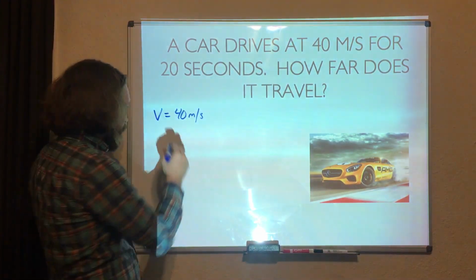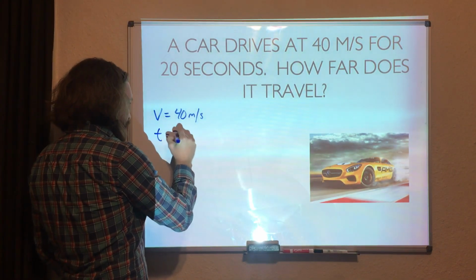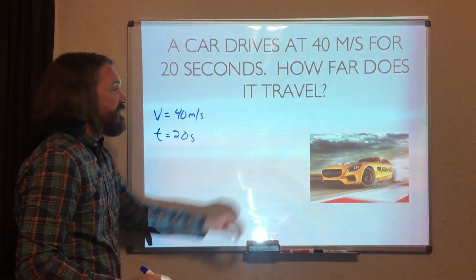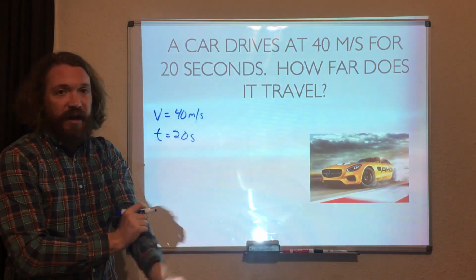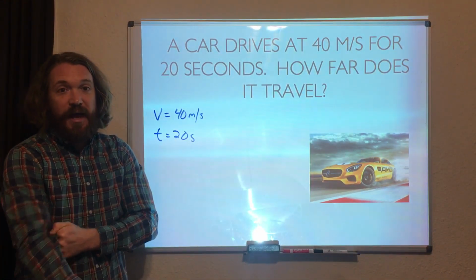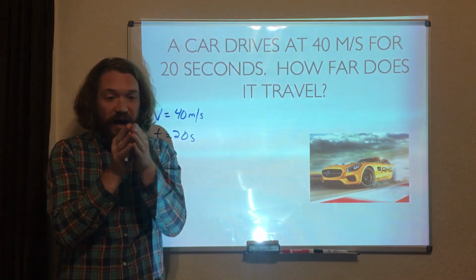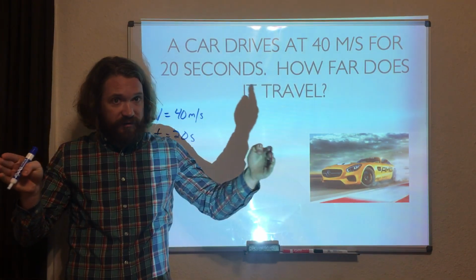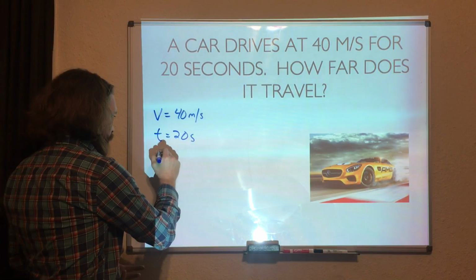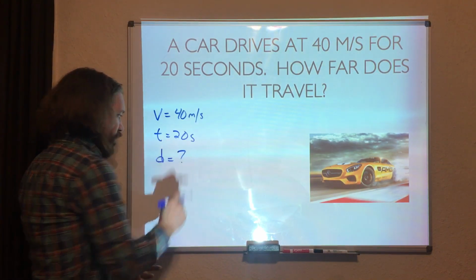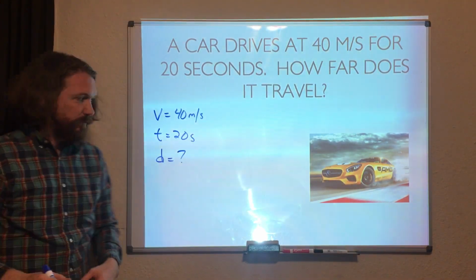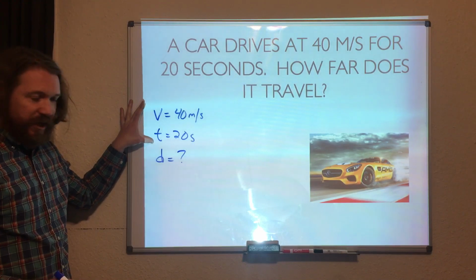Seconds, as I remember, always measures time. And it says, how far does it travel? Ooh, very good. So now it's not explicitly asking, so I gotta figure it out. If I'm looking for how far something goes, I'm looking for distance, right?